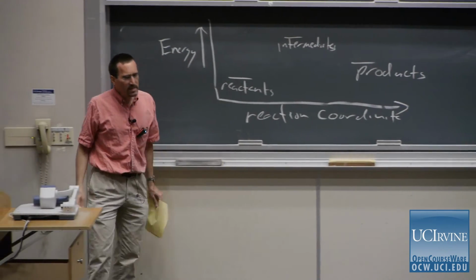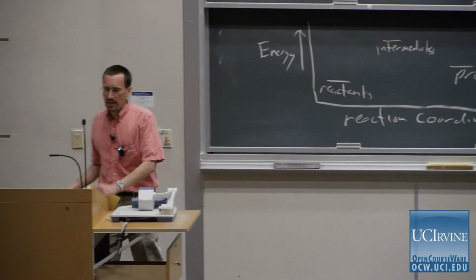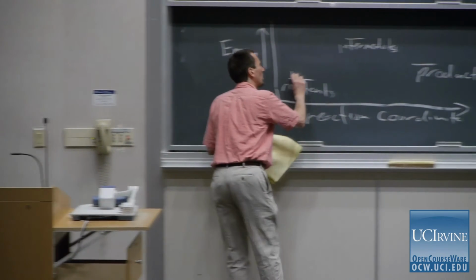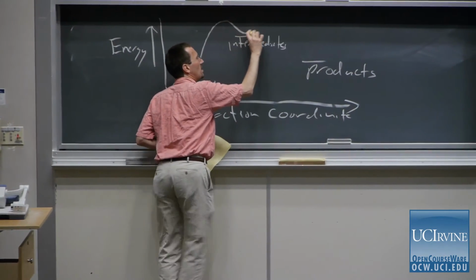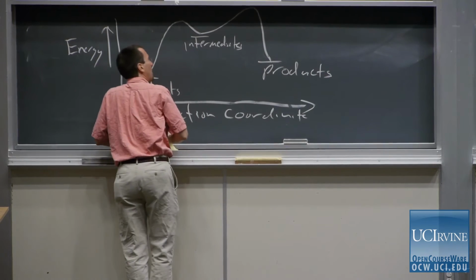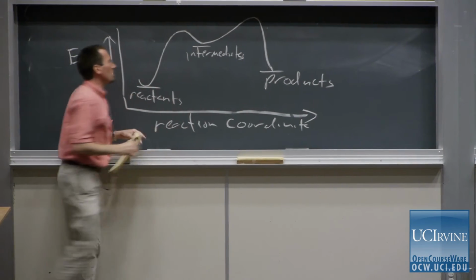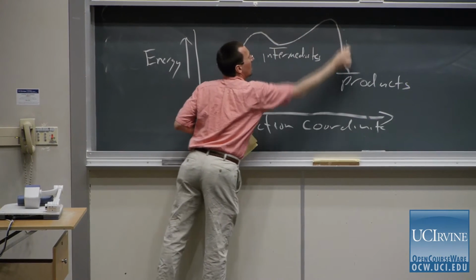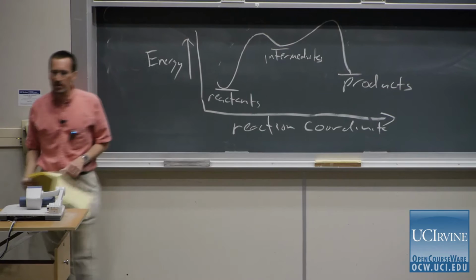Now, when we make a diagram for a reaction like this, what we're really doing is diagramming out the lowest energy pathway for the reaction. In other words, there may be other pathways for this reaction. There may be a pathway that's way, way, way up here, but it's going to be higher in energy.